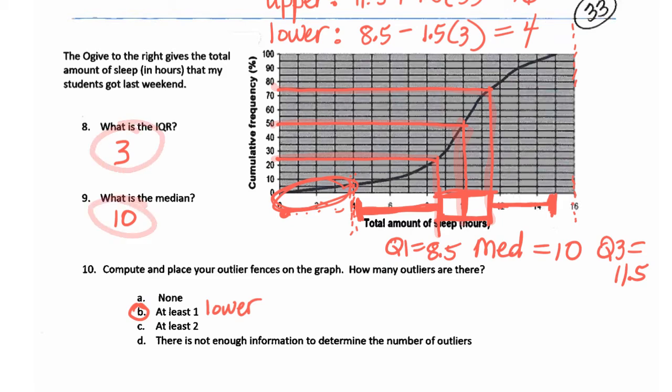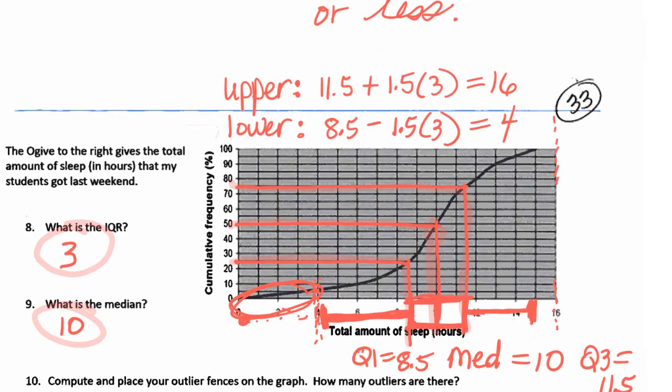Then I did my fences, and I computed them at 16 for an upper fence, and no data goes past that. So there was no upper outlier. I was able to draw my whisker out to, it looks like, 15. And then my lower fence of 4 does have data below it. So I know that there's at least one lower outlier. I don't know how many, but at least one.